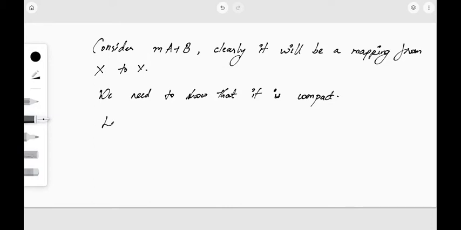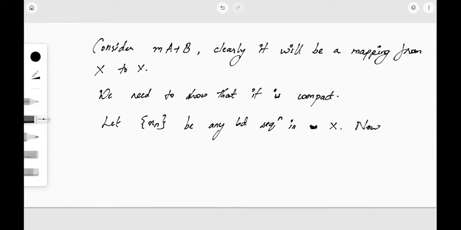So let xn be any bounded sequence in X. Then we need to show that it has a corresponding Cauchy subsequence. So let xn be any bounded sequence in X.